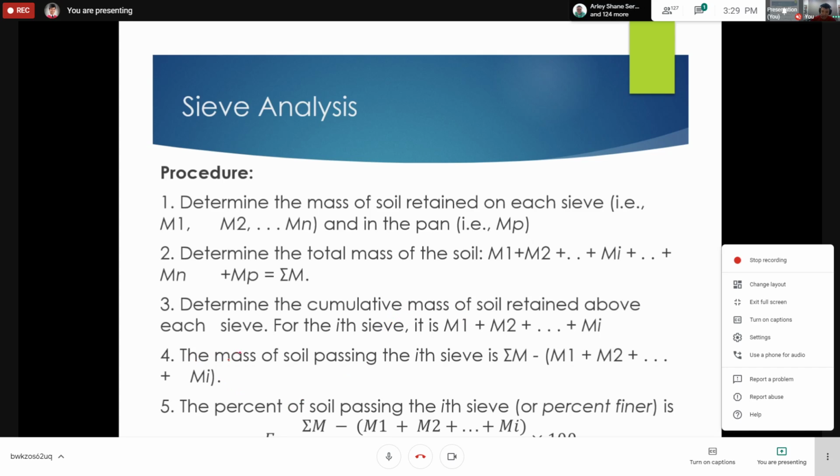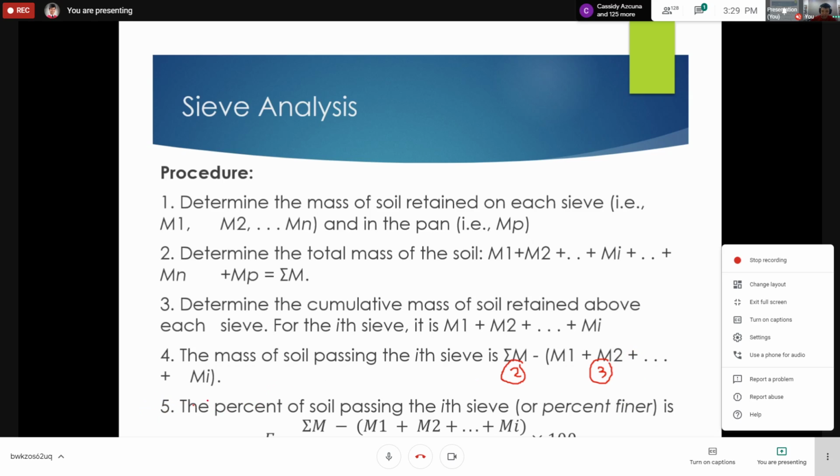So next, the mass of soil passing the ith sieve is the total mass from number 2, minus the cumulative mass M1 plus M2 plus up until the ith sieve, which is the third step. Okay?